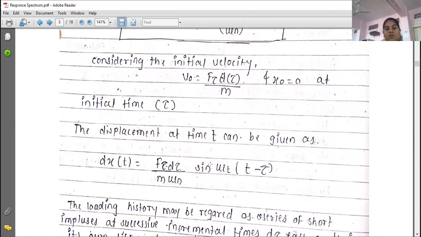And the displacement at time t can be given as dx(t) equal to F(τ) dτ upon m ωn into sine of ωn (t minus τ).